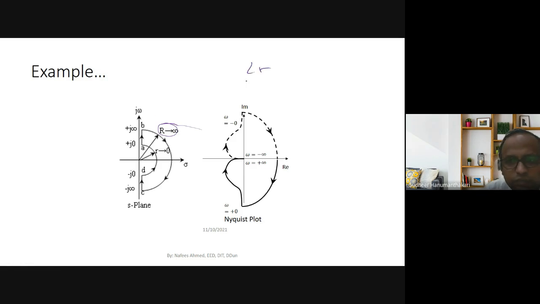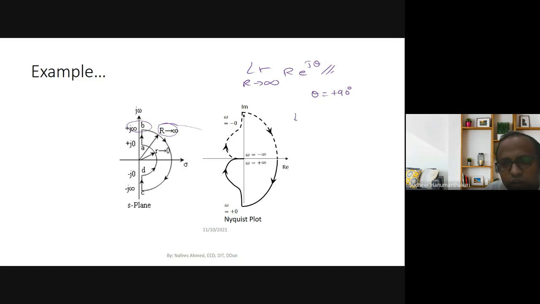And limit r tends to infinity, r e power j theta. So first, when theta is equal to plus 90 degrees, right? Theta is equal to plus 90 degrees.